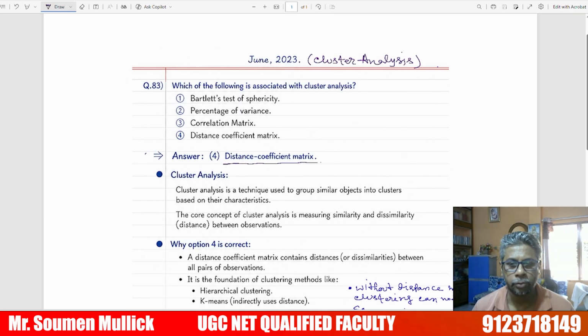This is our question paper solve analysis series. Not only question paper solve, we also prepare based on previous year question paper analysis and chapter wise.